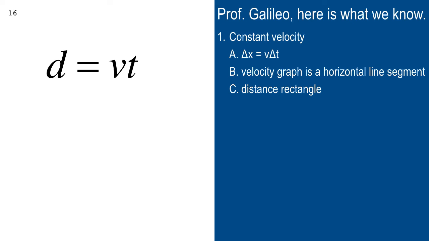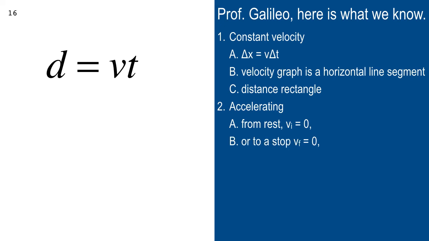All right, now let's talk about accelerating systems. And we just figured that one out. So if you start from rest, initial speed v subscript i equal to 0, which is what we did with the skateboarder demonstration.